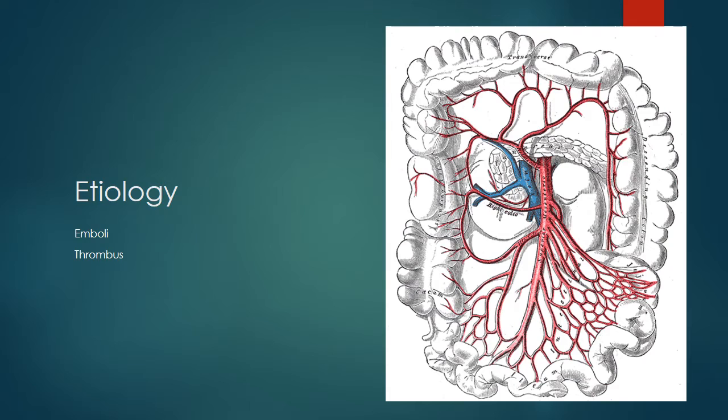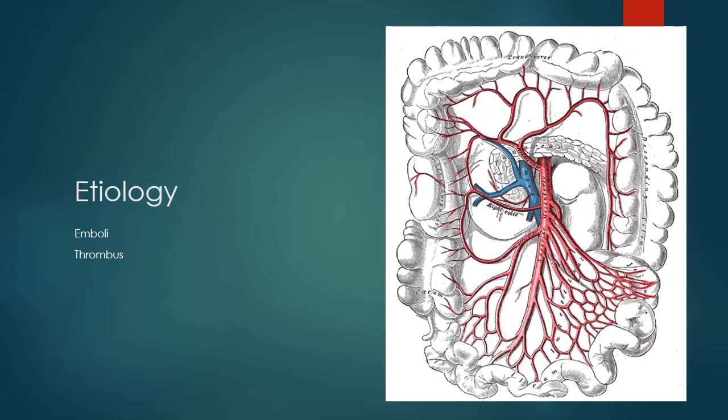Now, arterial emboli primarily come from sites more proximal to the superior mesenteric artery, generally from the left atrium, the cardiac valves, and then the proximal aorta. More uncommonly, you can get a paradoxical emboli across a patent foramen ovale, but that is less likely in terms of overall etiologies.